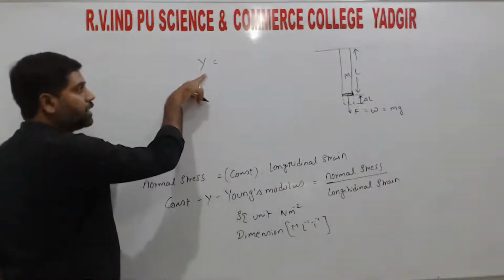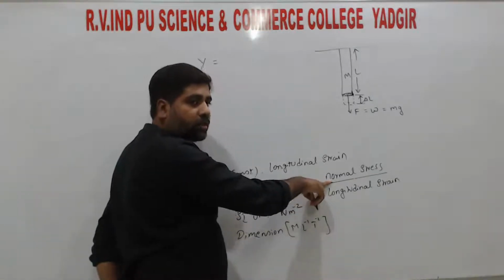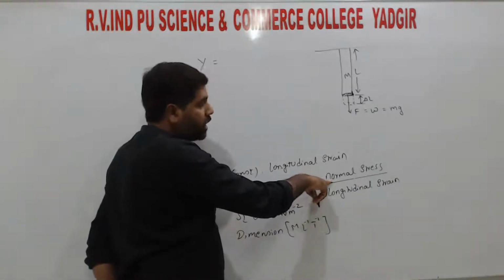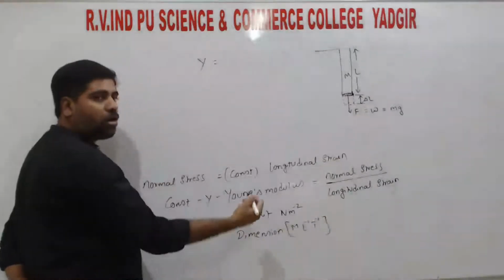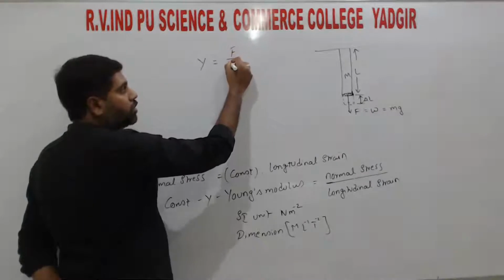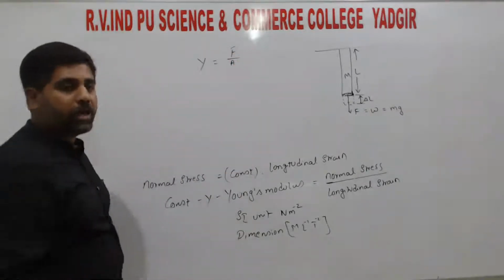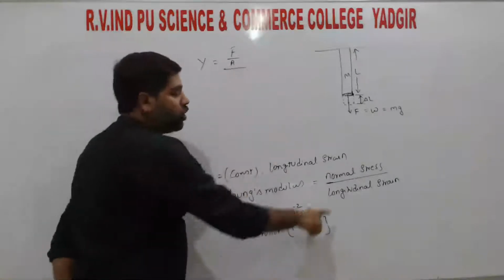So Young's modulus equals normal stress. How do we define normal stress? The deforming force per unit area. The deforming force is F or W; we can mention either. So F divided by A, deforming force per unit area, whole divided by longitudinal strain.